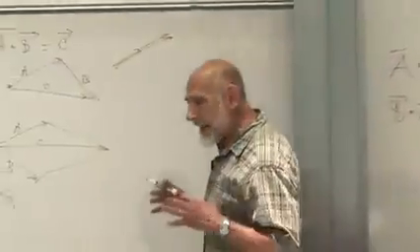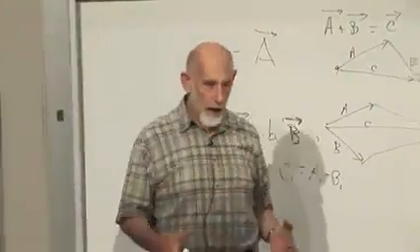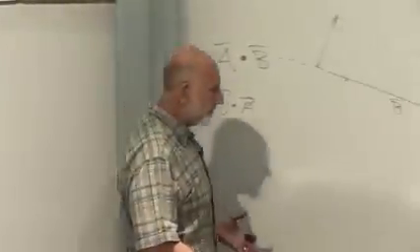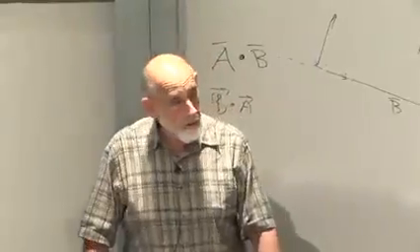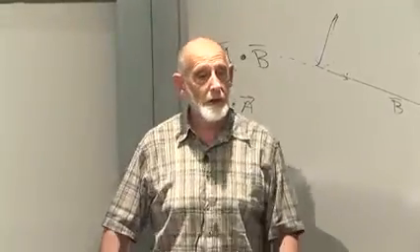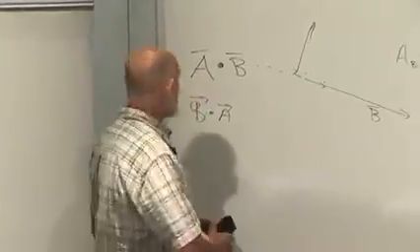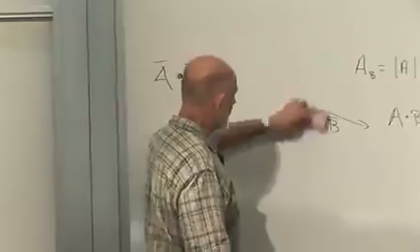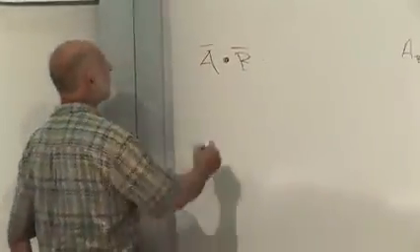So a diagnostic for deciding whether two vectors are perpendicular or not is to calculate their dot product. Now, that can be useful, because we can express the dot product in component form. I won't prove this, but it's not hard to prove.